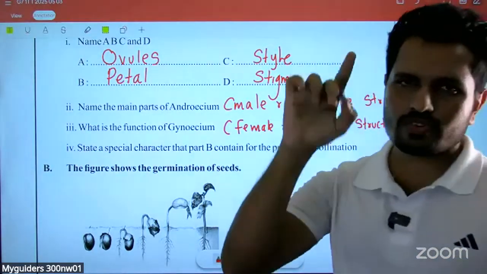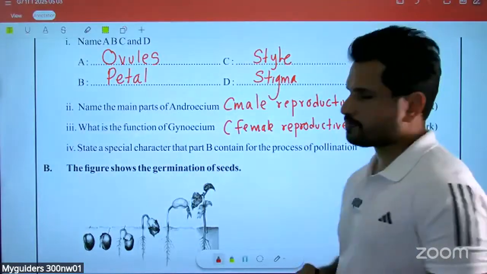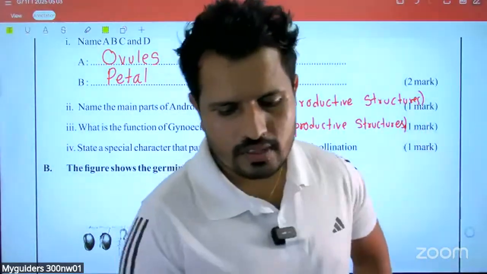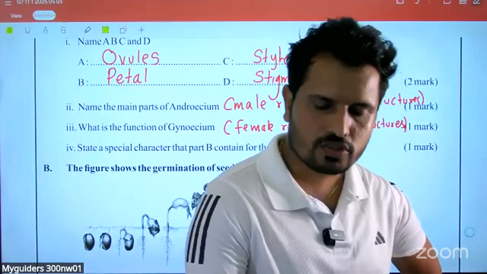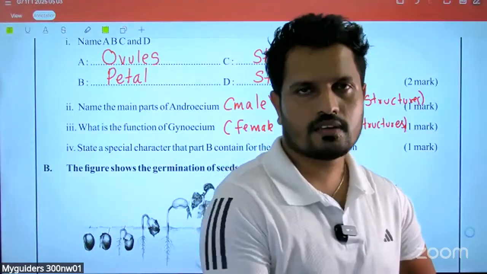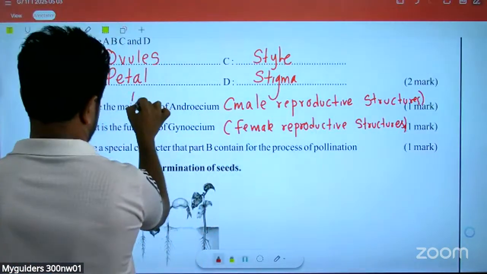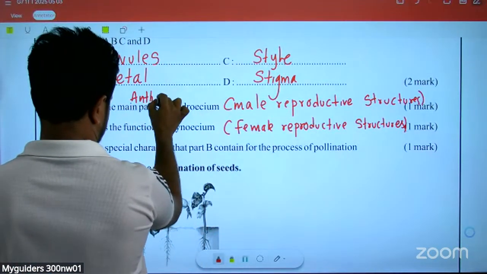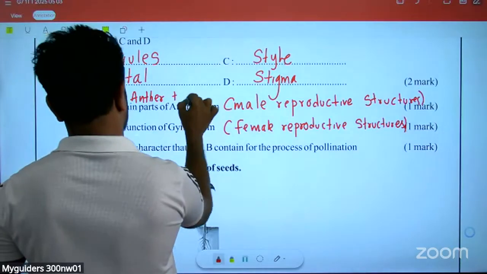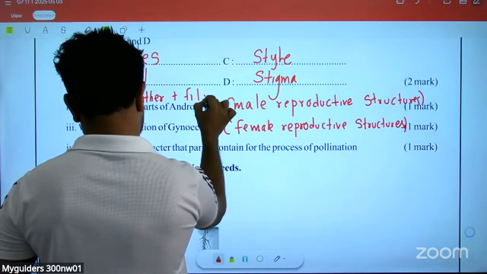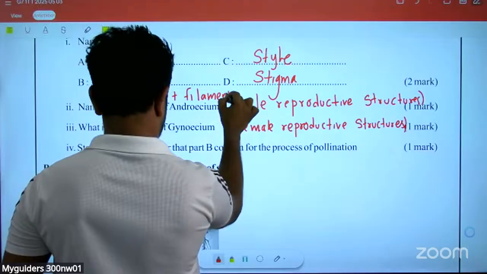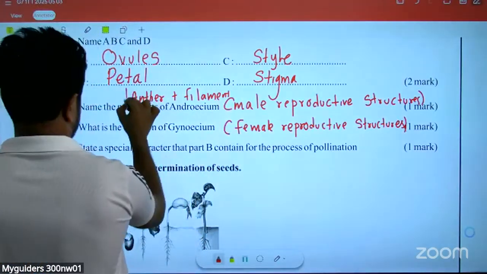The male reproductive structures are composed of anther and filament.